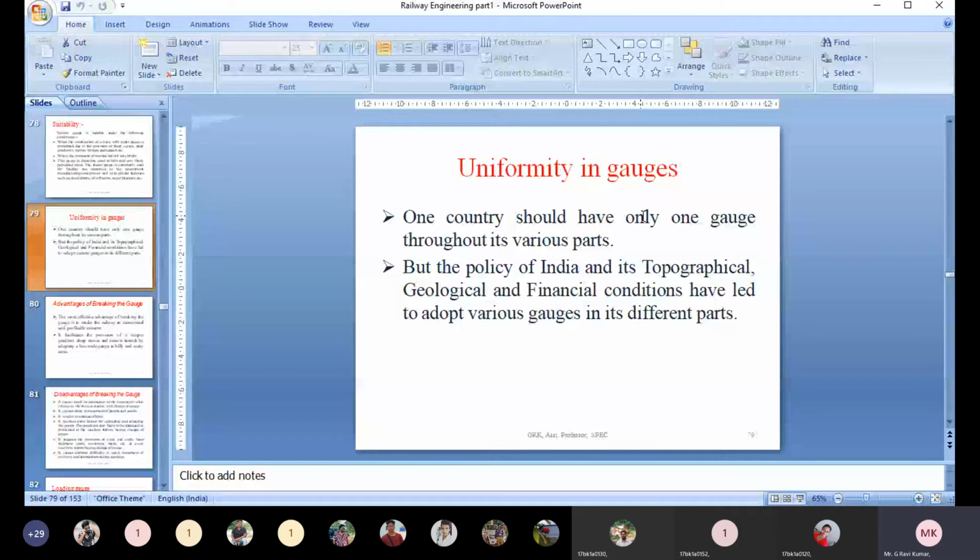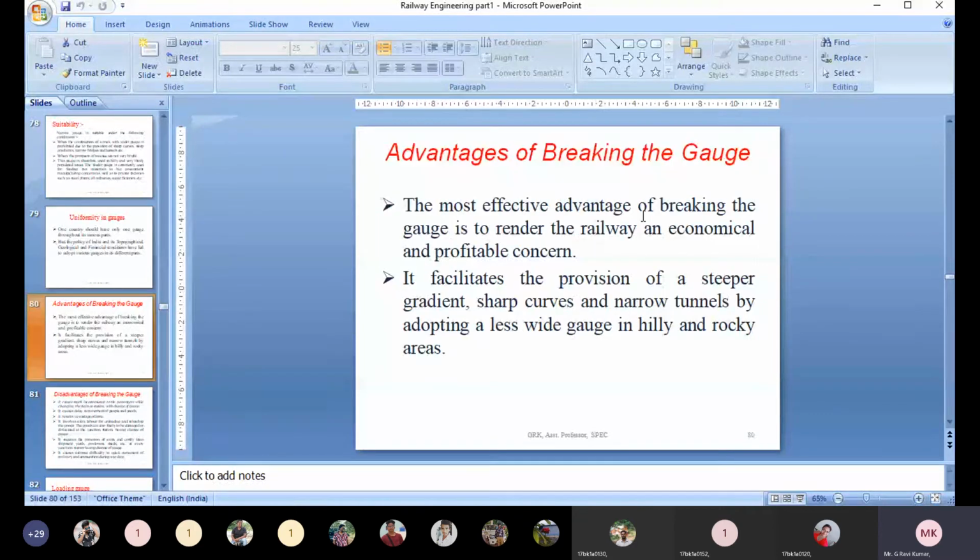Now, this is about the advantages of break of gauge. The most effective advantage of breaking the gauge is to render the railway an economical and profitable concern. Also, break of gauge can facilitate the provision of steeper gradients, sharp curves and narrow tunnels by adopting a less wide gauge in hilly and rocky areas.